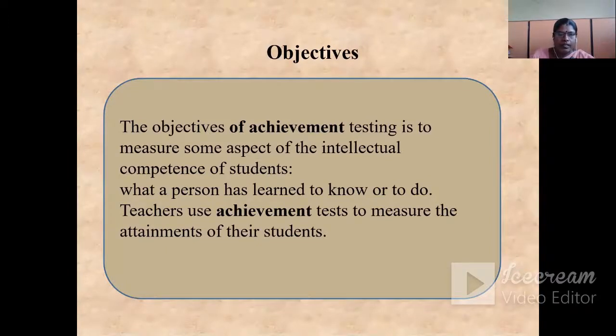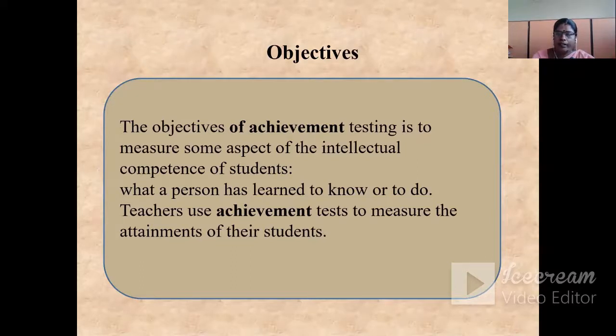Here, the objectives of an achievement test are to measure some aspects. One is what a person has learned to know or do, that is, to monitor the students' learning and identify learning difficulties. What are the difficulties in specific chapters or subjects?